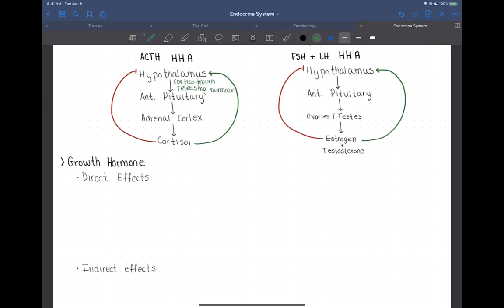It is going to act on the anterior pituitary, causing that anterior pituitary to secrete ACTH. That ACTH is then going to go to the adrenal cortex and tell the adrenal cortex to make cortisol. And so we'll talk about cortisol a little later in this chapter. It's a hormone for managing long-term stress.